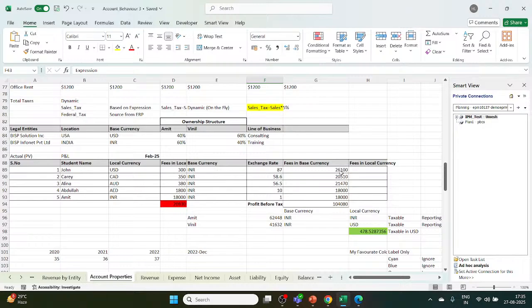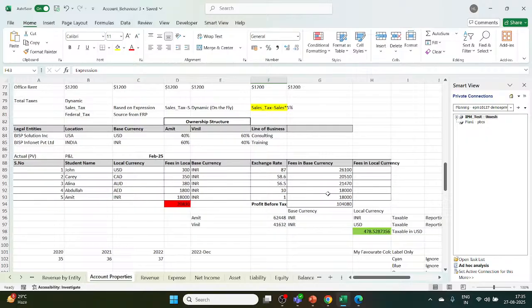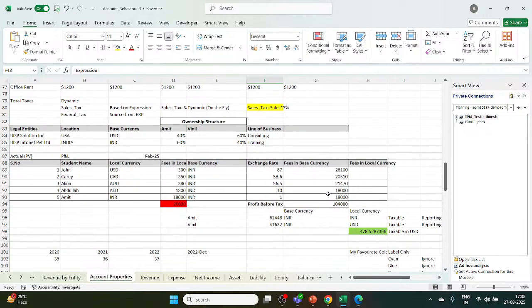So all the fees in base currency are here. When we choose the dynamic calc here, then the value would be on the fly. Then the calculation would be on the fly once we calculate the things.